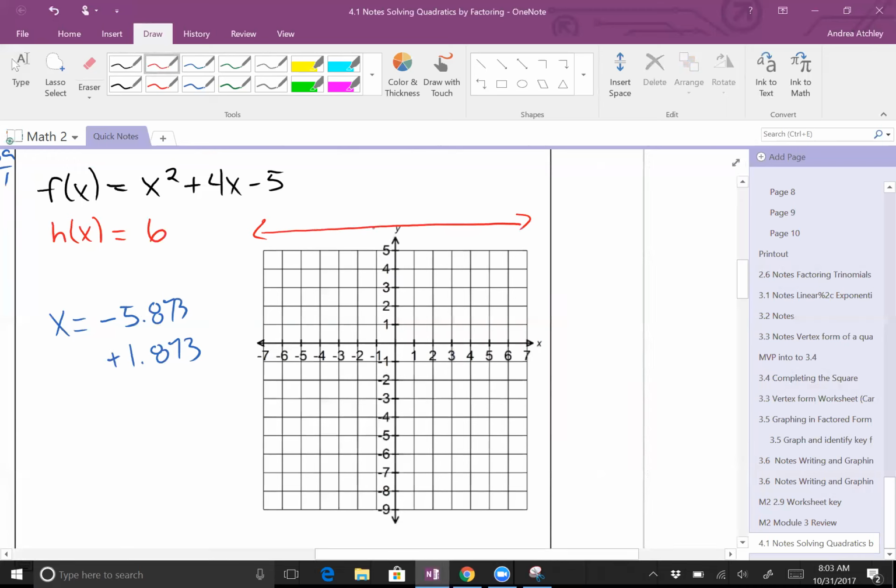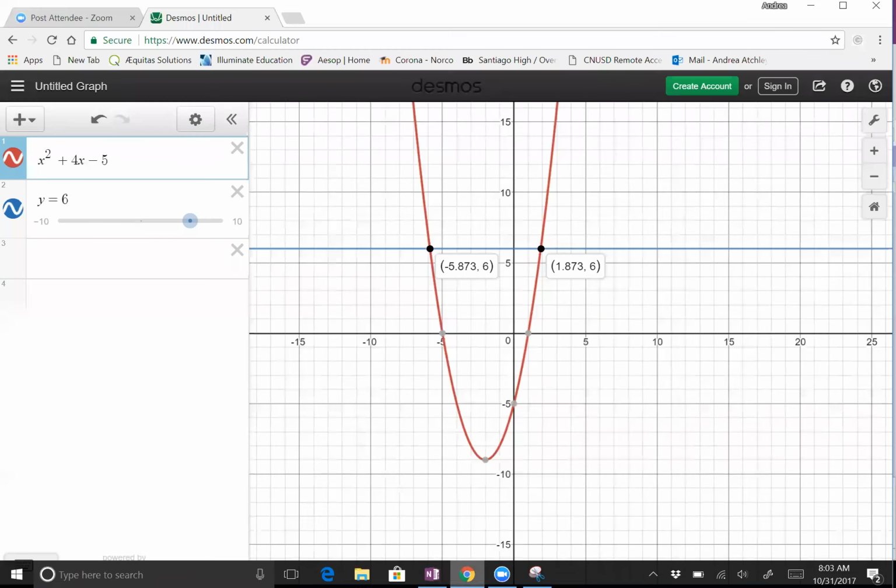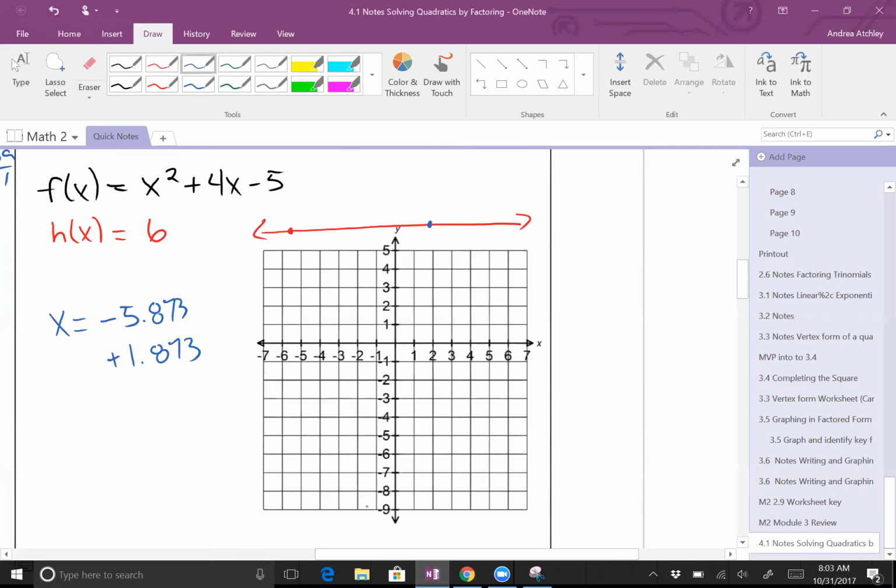And we want it to cross here at -5 somewhere about, and here at 1 and something about. And then if we go back here, our vertex was at -2, -9. So our parabola is kind of like this. Any questions over that?